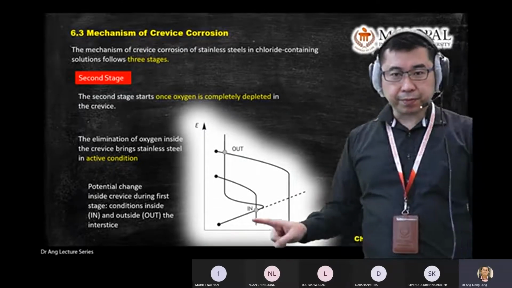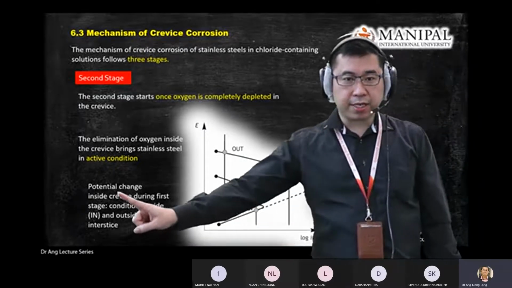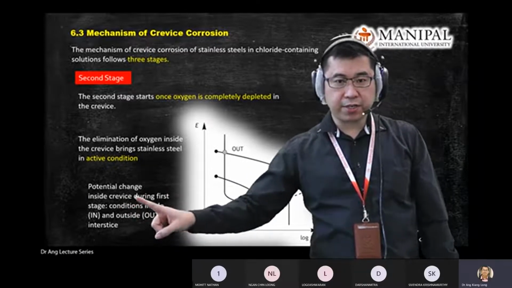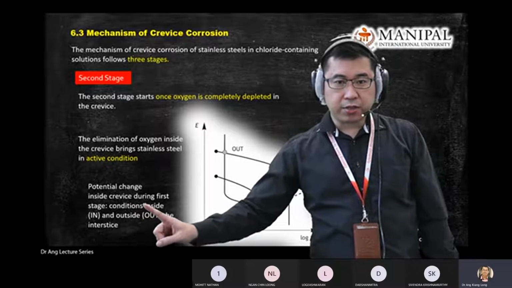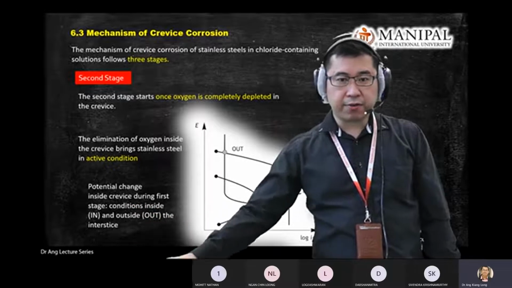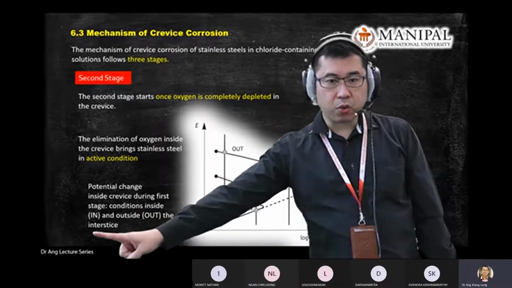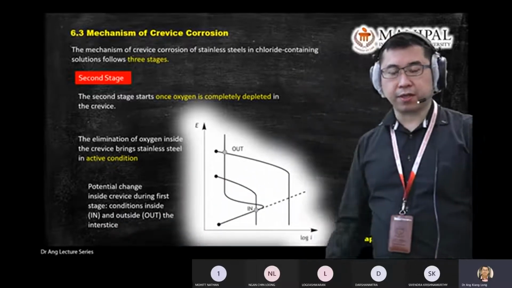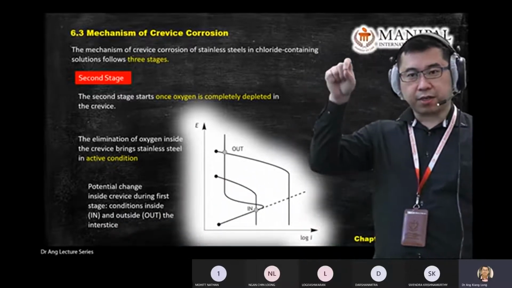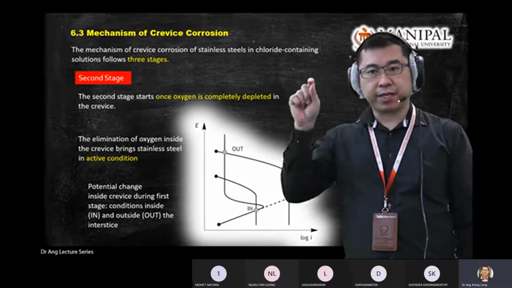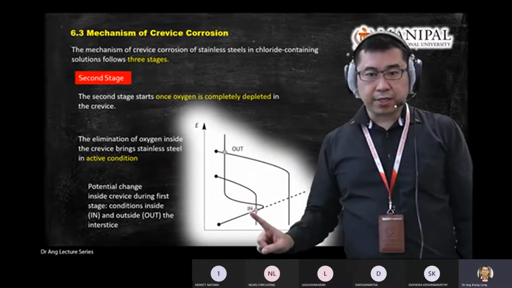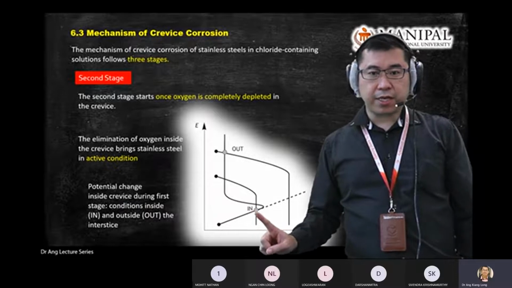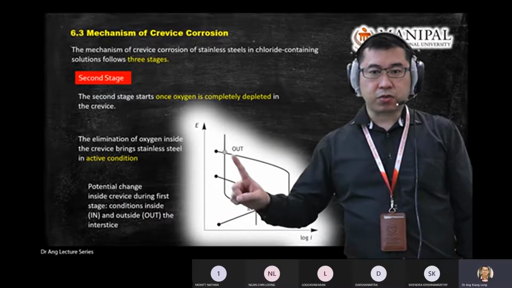So here you can see that the potential changes inside the crevice during the first stage, and the condition inside and out of the hole. The interstice is the hole of the crevice attack area. So we can see that there is a potential change from in into out.